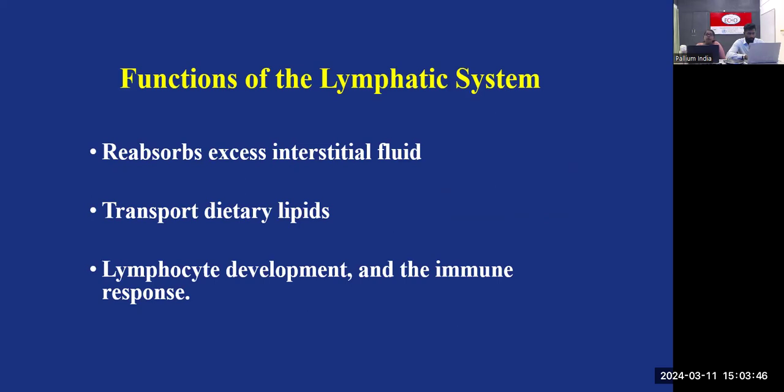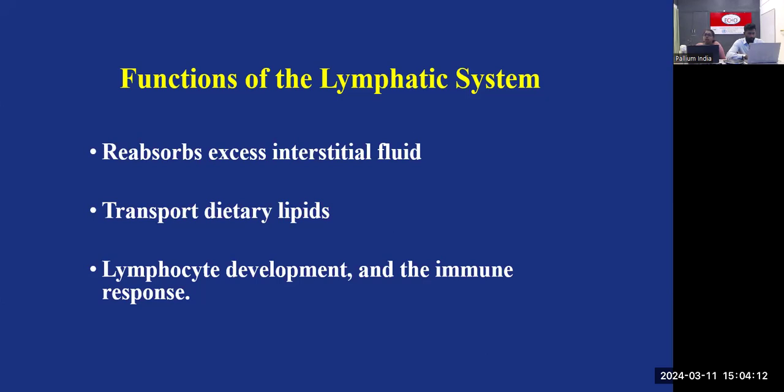That fluid is called lymph. The lymphatic capillaries absorb the fluid from the interstitial space, and then it goes to lymphatic vessels and lymph nodes, and finally to the subclavian vein.